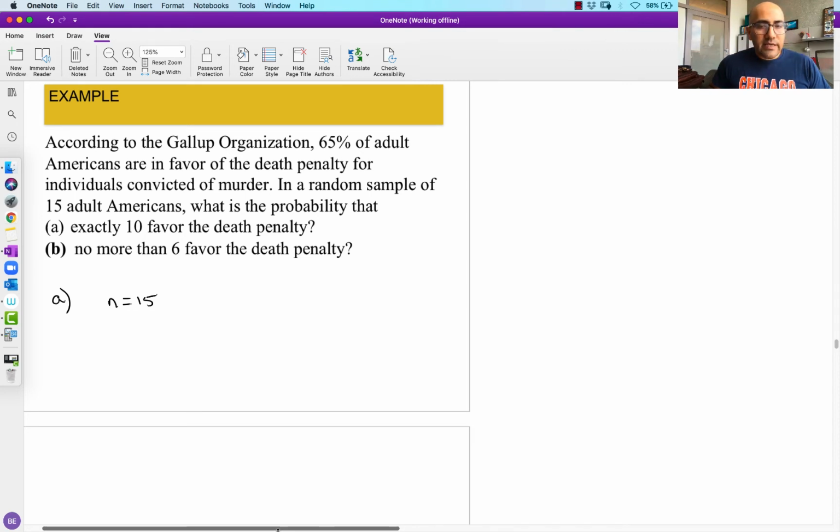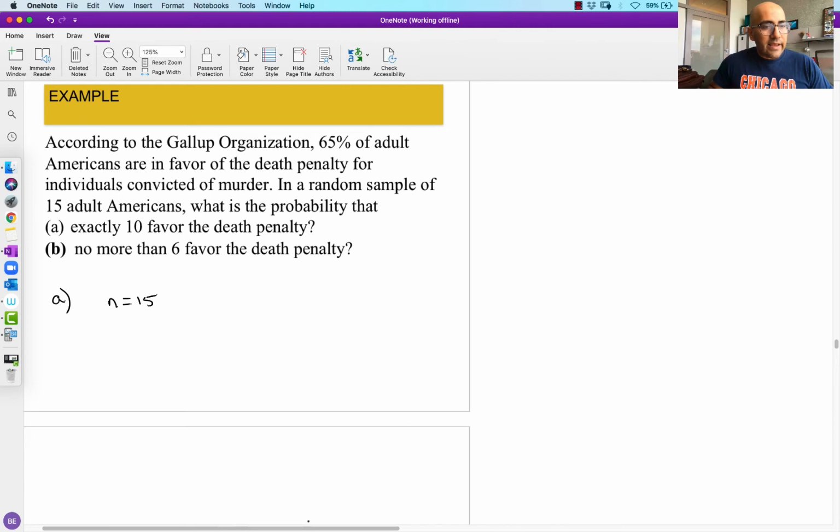And the probability of success is approximately constant, because the 65% refers to all Americans, 320 odd million Americans. 15 individuals selected from that population will mean that 65% will be approximately the same from person to person. So it satisfies all the conditions.